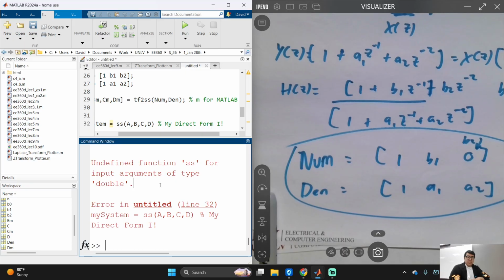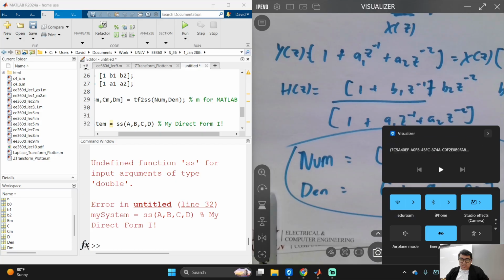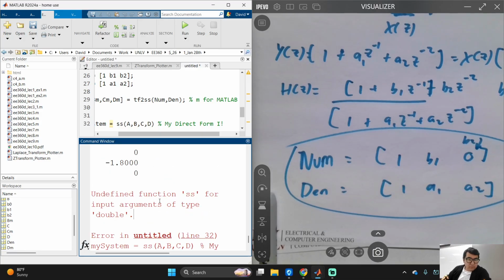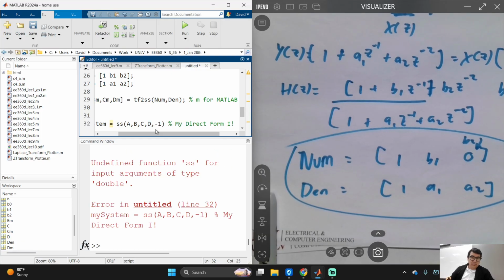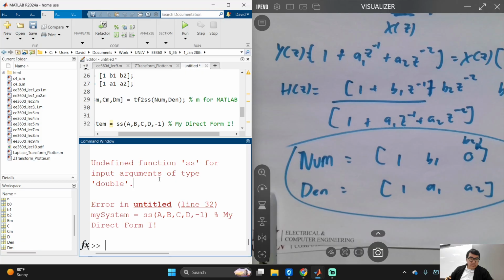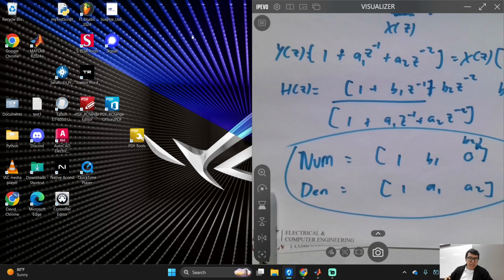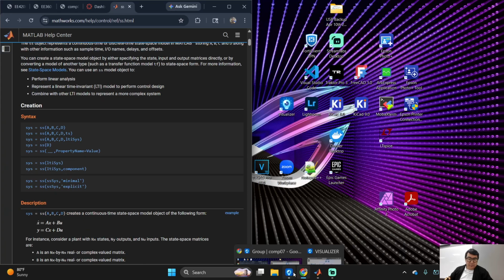Oh, arguments of double. Now, let me just, my laptop's dying, but I think we can survive for a little bit. Oh, -1. State space? Wait. Hold up.